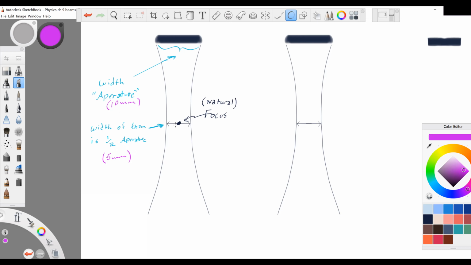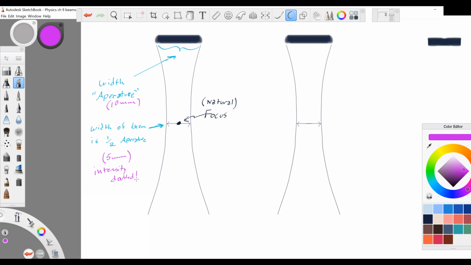The area of that beam is going to be 1/2 of where it started. So intensity is doubled. That's not really part of this chapter, but it's a little bit of review from previous chapters, right?